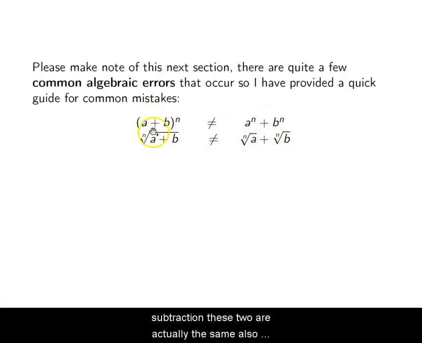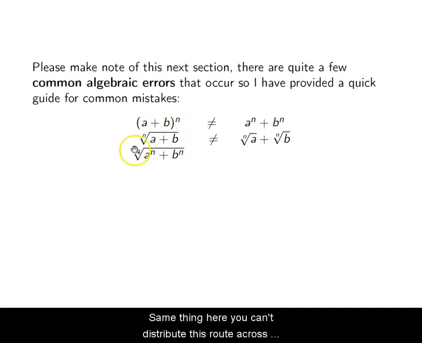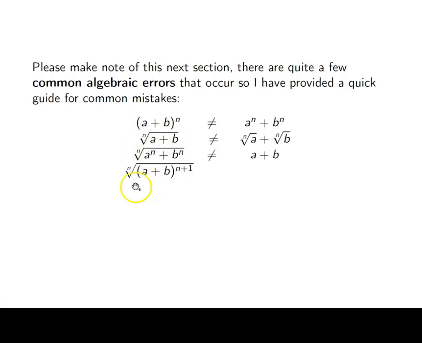These two are actually the same rule. So remember, an exponent and a root are pretty much the same thing. The only difference is that a root is a fractional exponent, right? So it makes sense that if one doesn't work, the other does not work as well. Same thing here. You can't distribute this nth root across and say that they both cancel. Okay, that does not work.